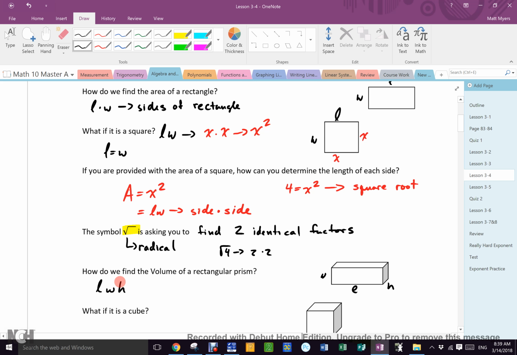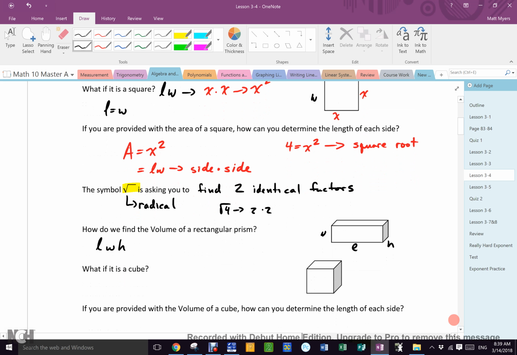Right? Now, what is a cube? It's a 3D version of a square, which means what are L, W, and H? What are they? They're all equal.